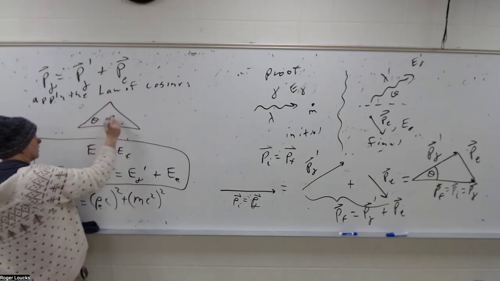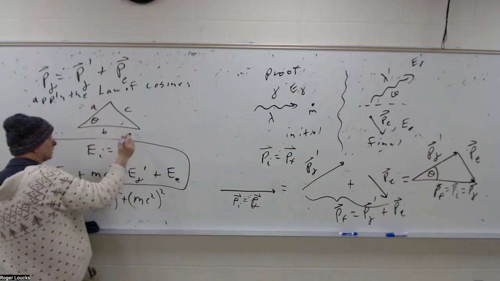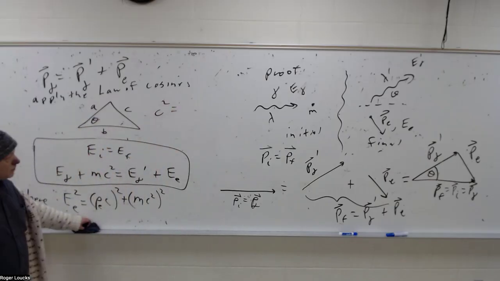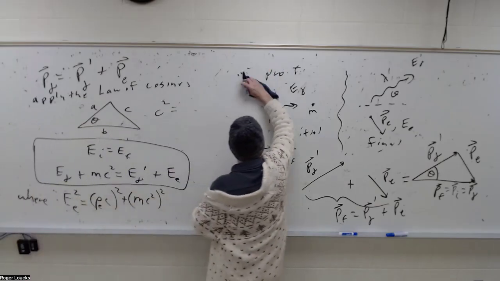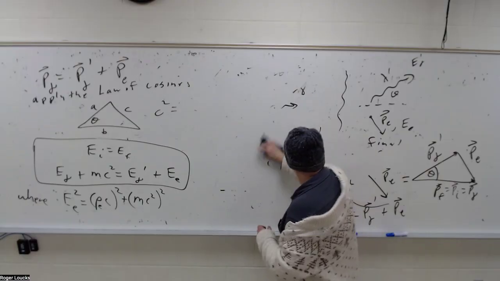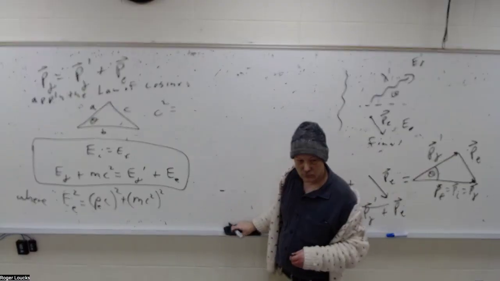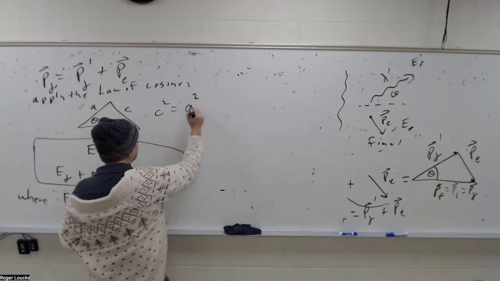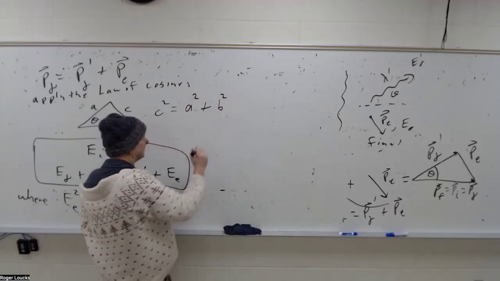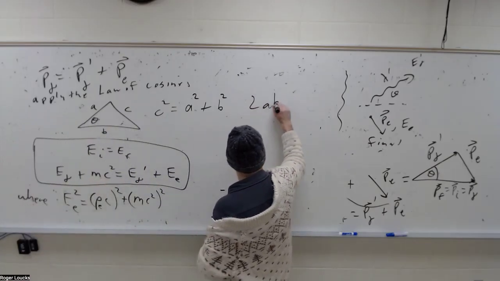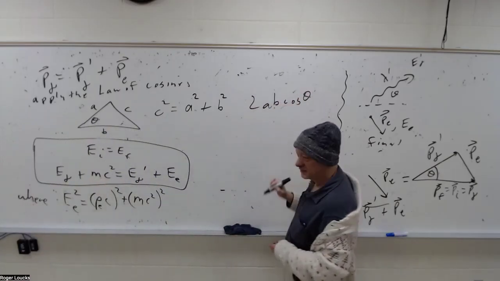If this is theta, if this is C, if this is A, if this is B, well, C squared equals what? A squared plus B squared minus 2AB cosine of theta.